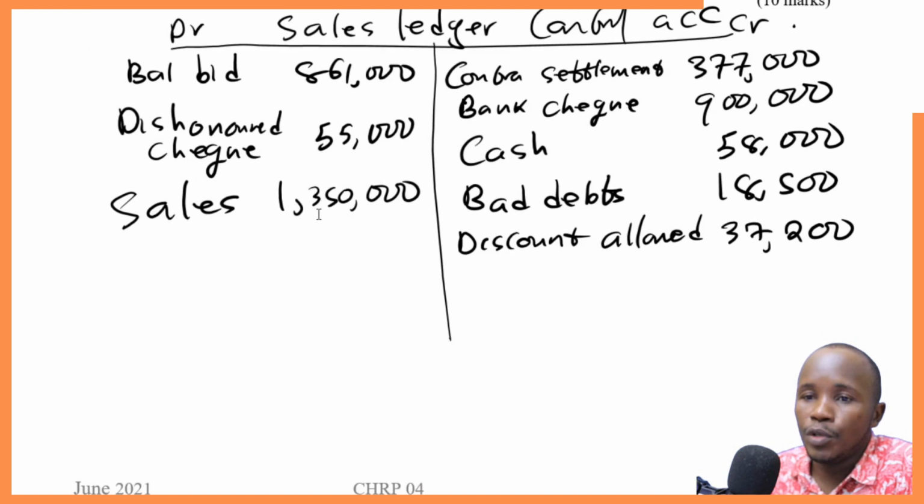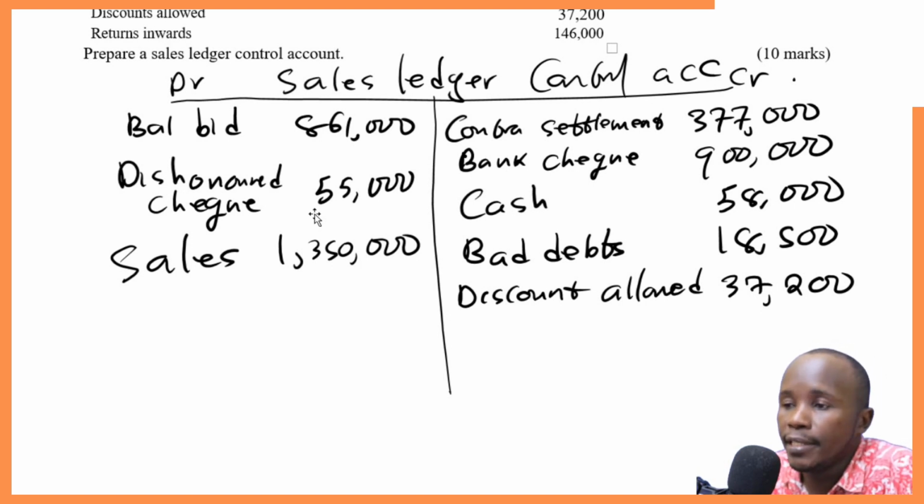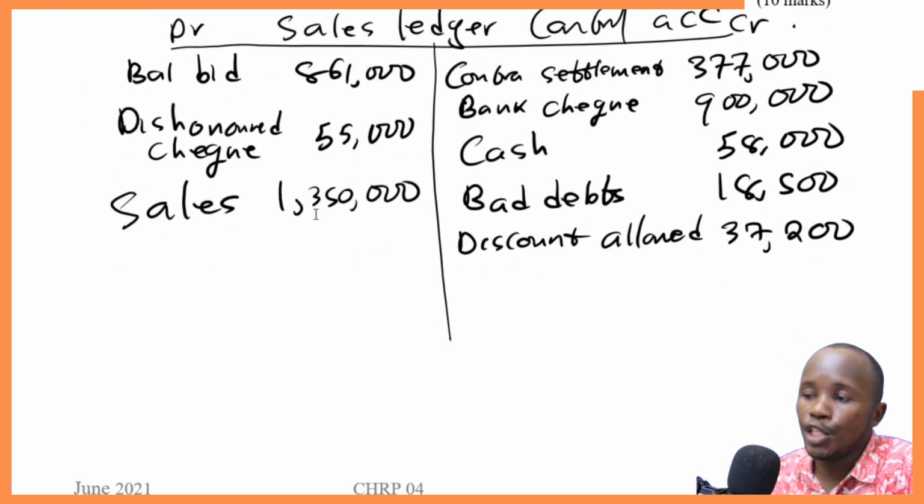Finally, you have what we are calling returns inwards. What happens with returns inwards? You had made some sales, and these sales were debited as accounts receivable, because you credited sales and debited accounts receivable. But now, since sales have been returned, it means the amount of debtors has also reduced.